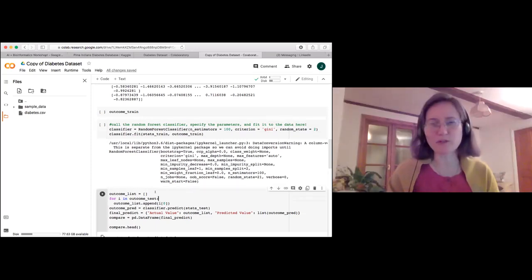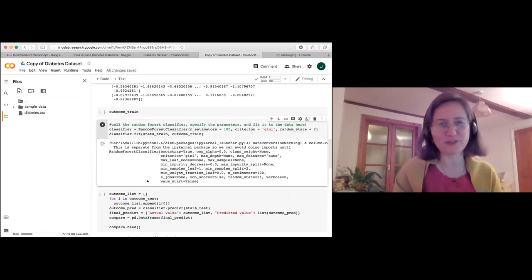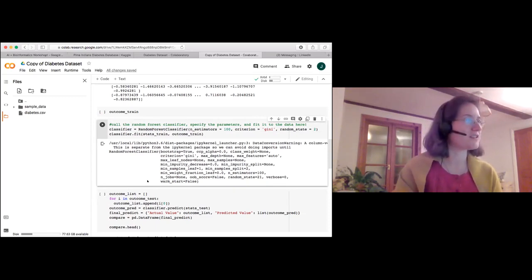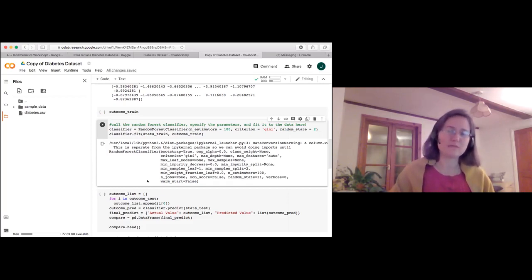What I was looking up was that criterion parameter and what the different options were, because I thought that sounded fun. There seem to be 2 options: entropy being the information gain, and the Gini one that you picked is the Gini impurity. In both cases, they're trying to do a similar thing.